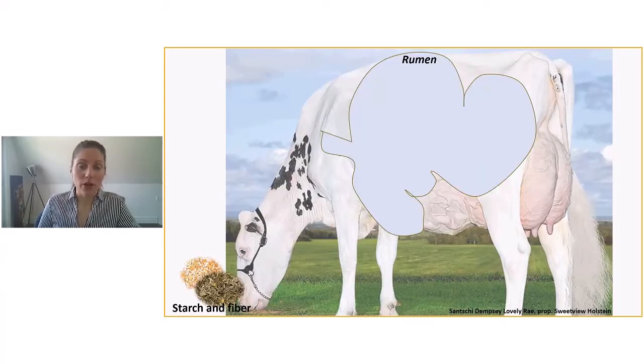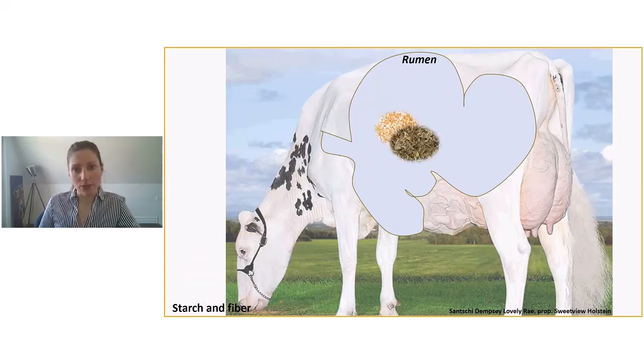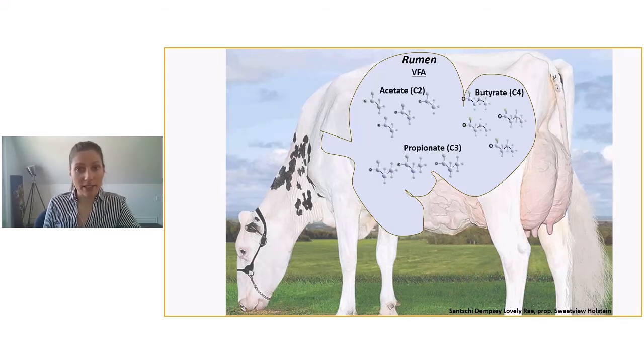Looking into de novo fatty acids, it starts from feeding the cow. When we feed the cow starch and fiber, it goes into the rumen, where the rumen bugs work at it and produce fatty acids. The three main fatty acids that are produced are acetate, butyrate, and propionate. These fatty acids will then exit the rumen and go into the mammary gland, where de novo synthesis will occur.